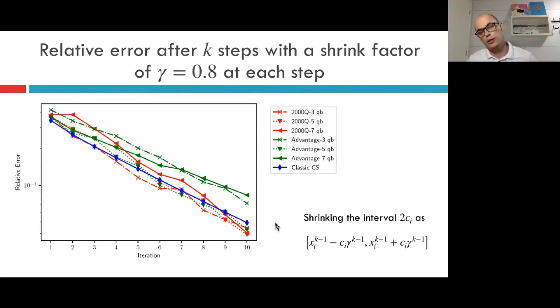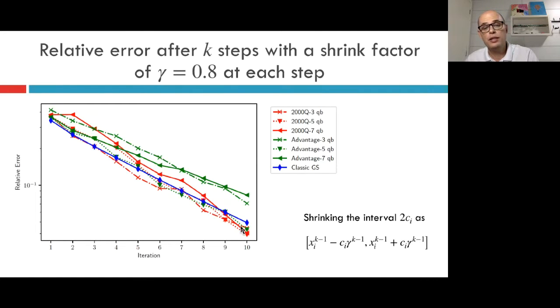So after each step, the interval in which the variable xi is searched is shrinking every time. And we find that, taking into account this procedure, in both classical and quantum solutions, the quantum solution was improved a lot, as you can see, even obtaining in some cases better solutions when compared to the classical Gauss-Seidel method.